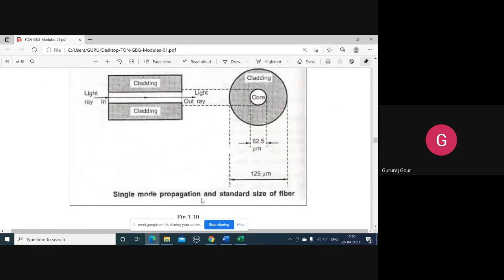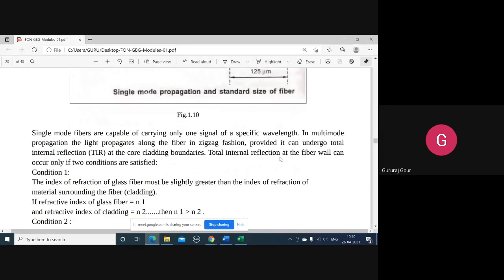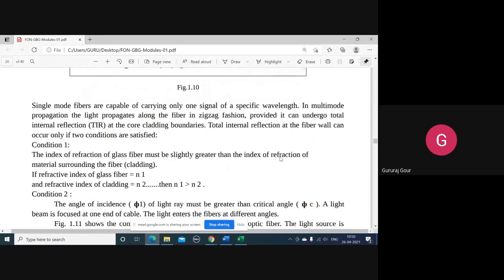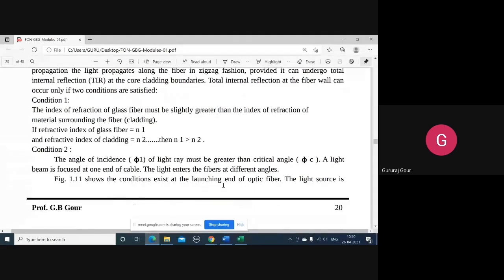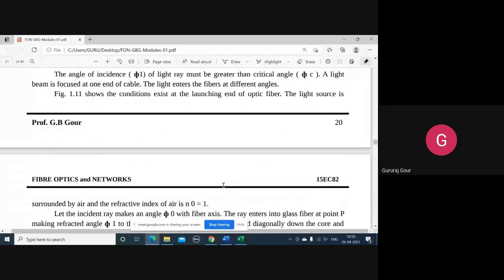This is the single mode. Single mode means single ray propagation, and the standard size of the fiber has been given here. The condition for TIR to occur is that N1 should be greater than N2 and the critical angle condition should be exceeded.